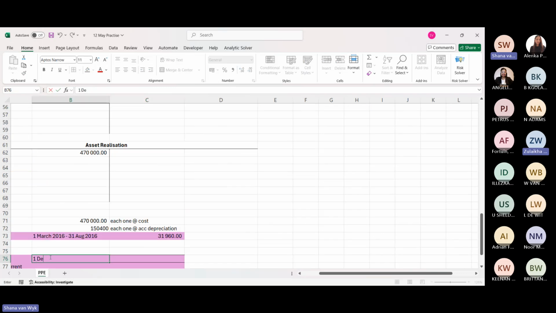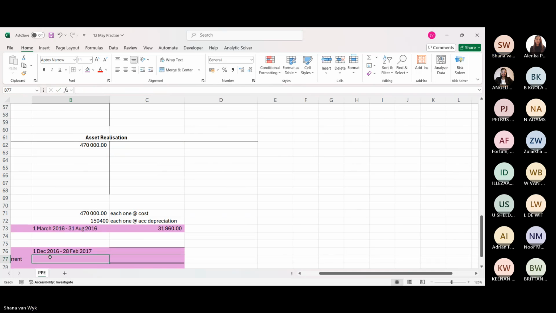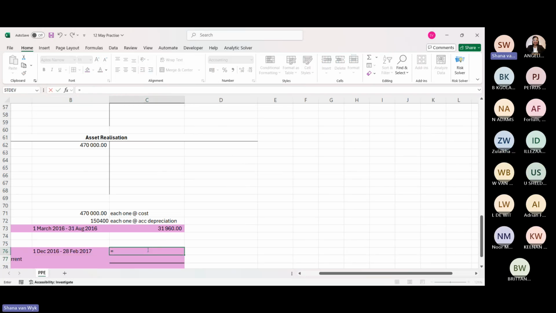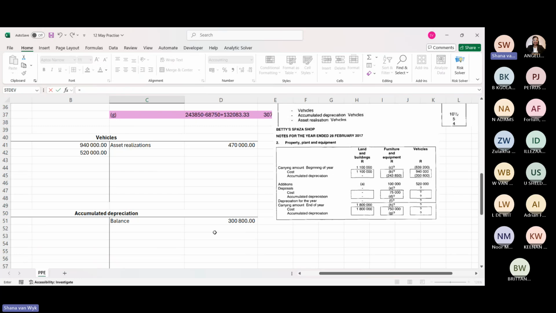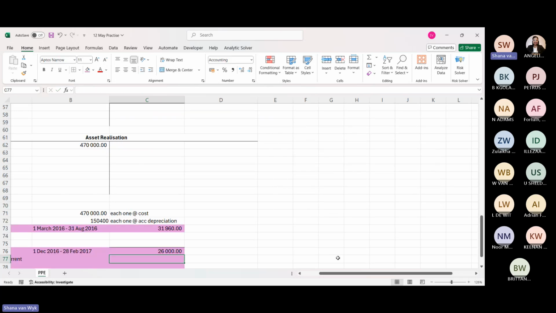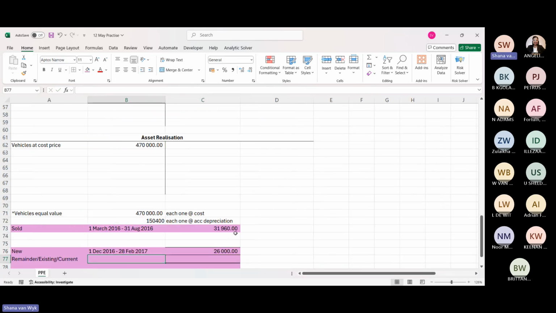So 1 December to 28 February 2017. December, January, February. 3 months. So then it is 503 times 3/12 times 0.2. Okay. Then we have the new depreciation.